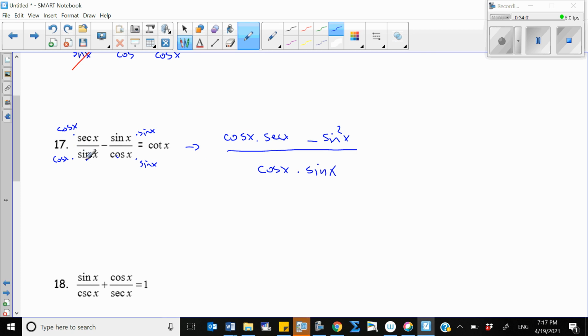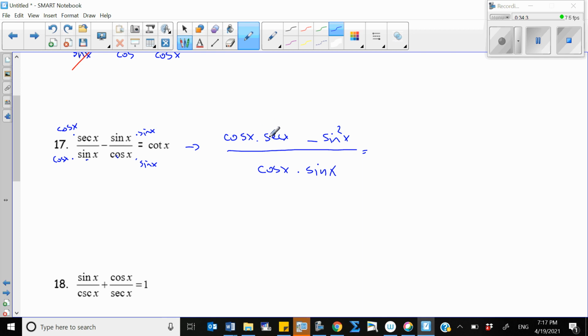The left one, this one, needs to be multiplied by cosine to get this common denominator. So you're going to do the same thing to the top as well. So this will be cosine times secant. And this one on the right side needs to be multiplied by sine. So you do the same thing to the top. So it will be sine squared. The common denominator is written here.